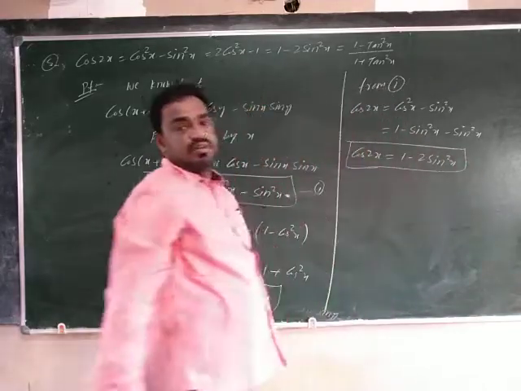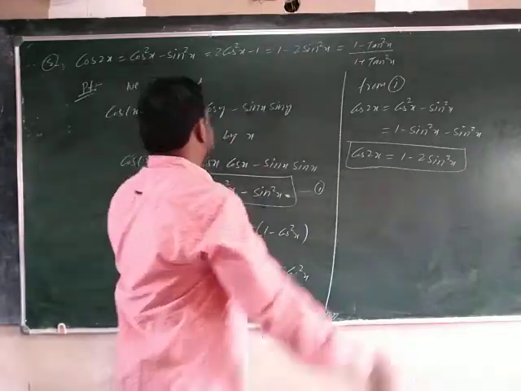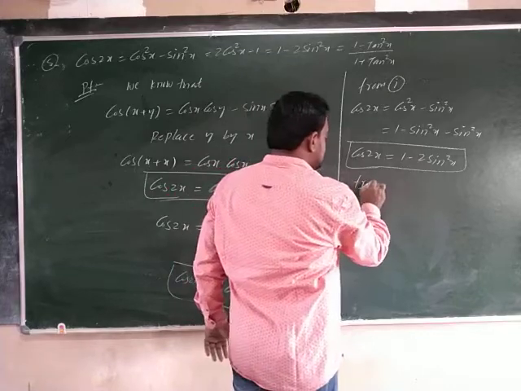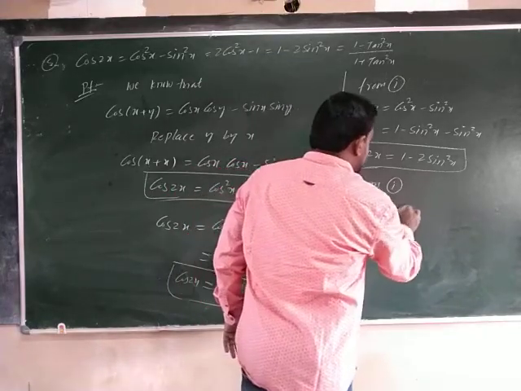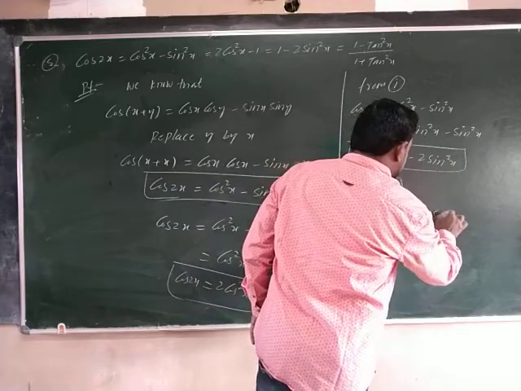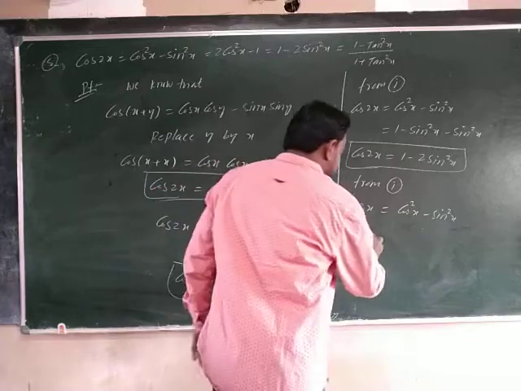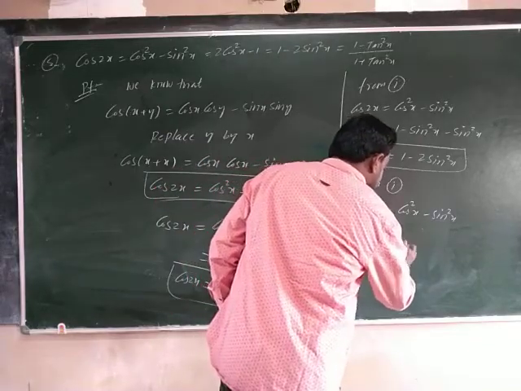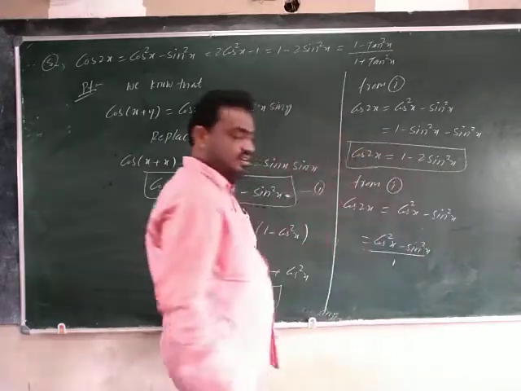This is the third. Next, the last one, how we are going, you see. From 1, cos 2x is equal to cos square x minus sin square x. This is equal to, what I am writing, you see, cos square x minus sin square x by 1.